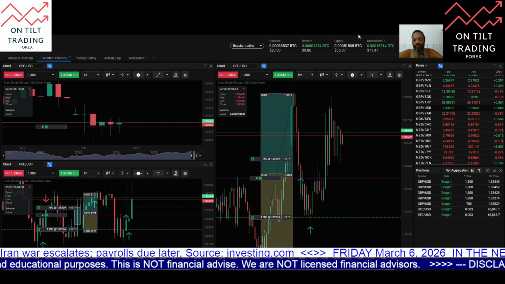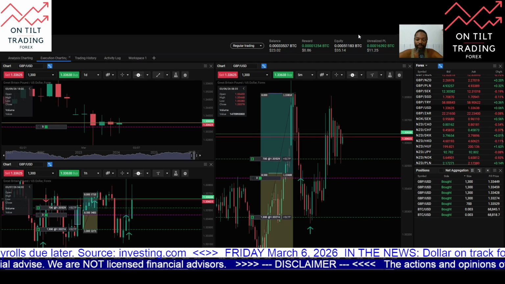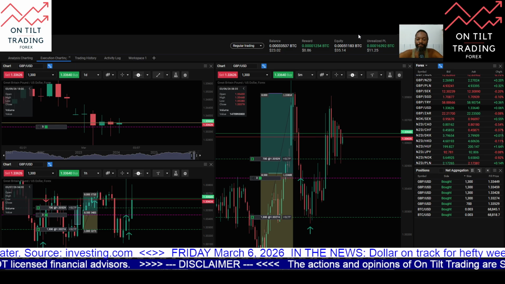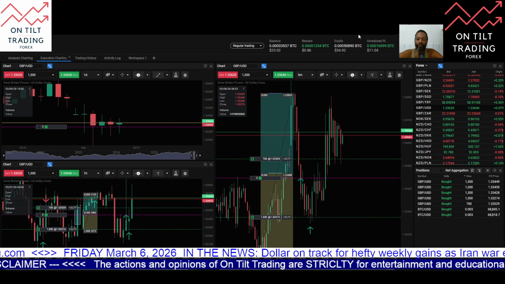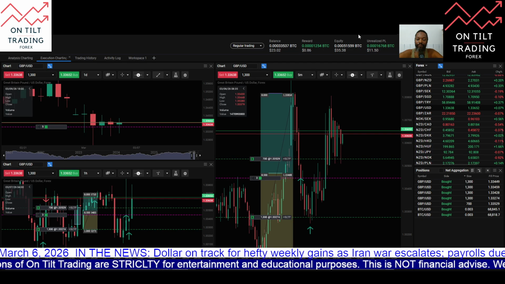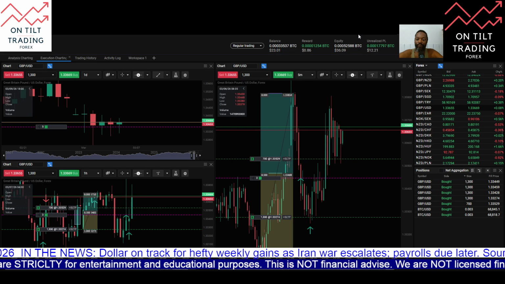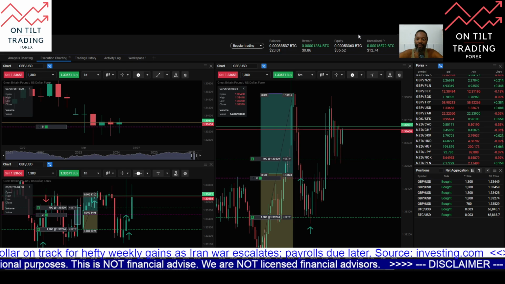We'll see if any new 5-minute highs can be put in, and if so, if there is any continuation to those. $133,660, new 5-minute high.